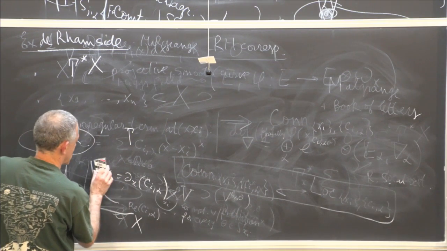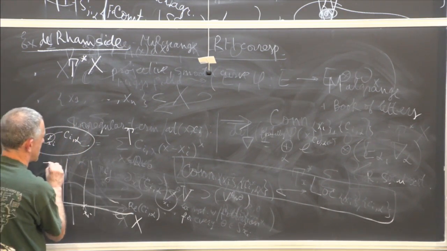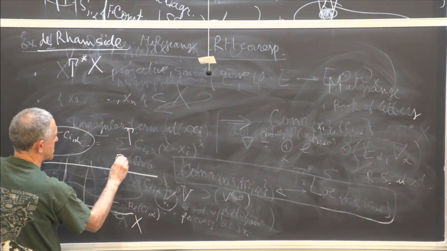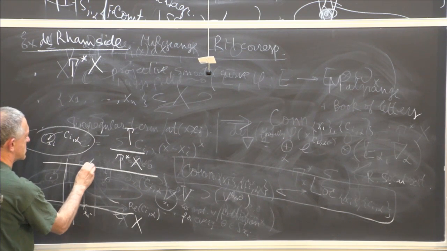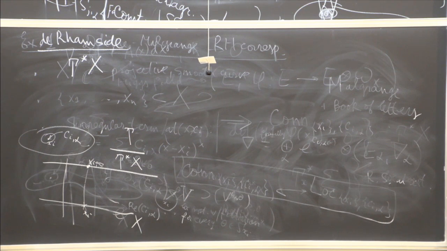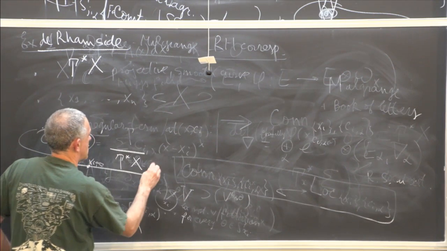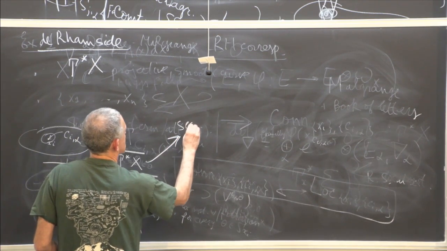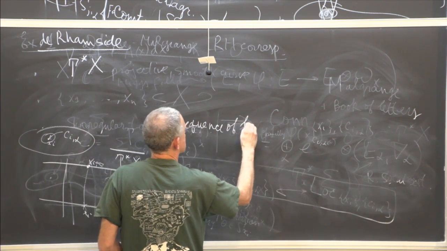So instead of this, we take the fiber-wise compactification of the cotangent bundle. So every singular point gets its copy at infinity, and we start to make a sequence of blow-ups.